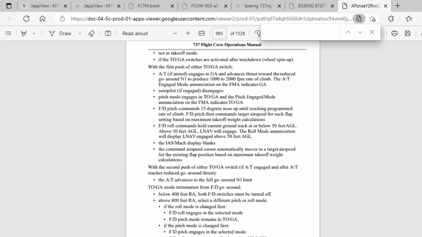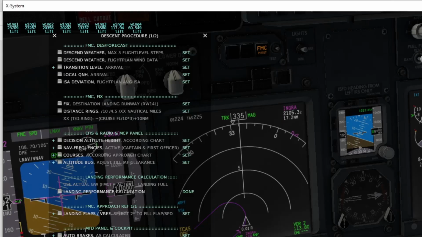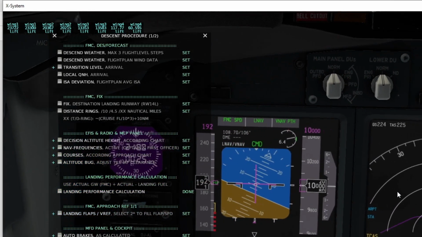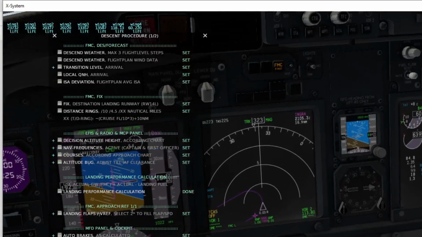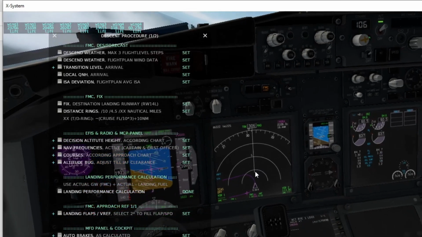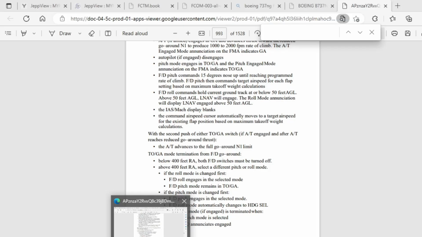And then the mode enunciator here will change to N1 to indicate that the auto throttle is programming the engine thrust to the maximum thrust for the go around.